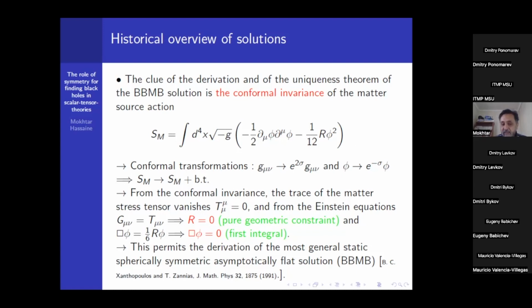These two ingredients permit the derivation of the most general static spherically symmetric solution, which is nothing but the BBMB solution, because it is really using this constraint and this first integral that allows you to derive the most general solution. And this was done by Xanthopoulos and Zannias.